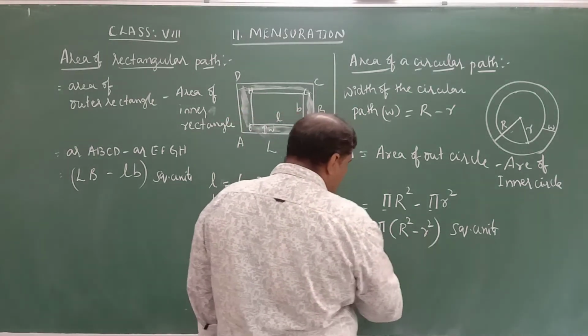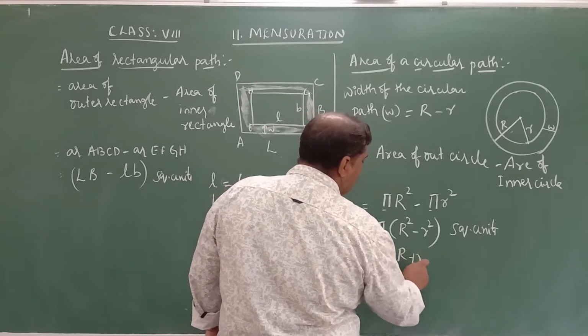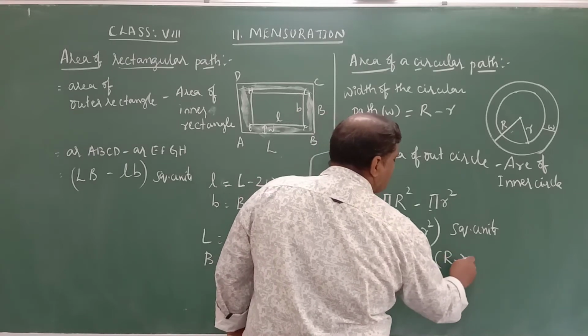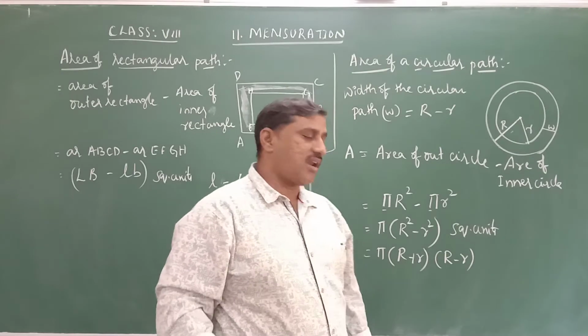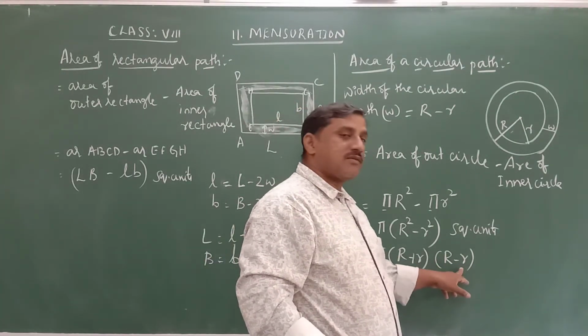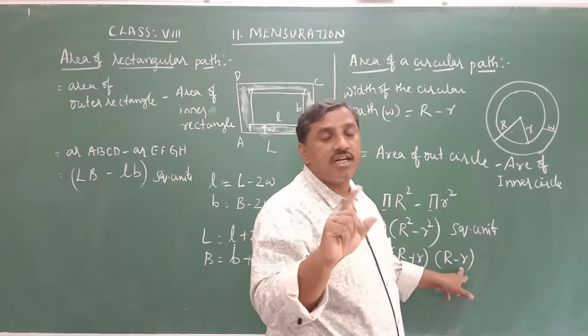So this can be written as pi into capital R plus small r into capital R minus small r square units. Now you see here, what is capital R minus small r? That is the difference in the radii of the two circles.